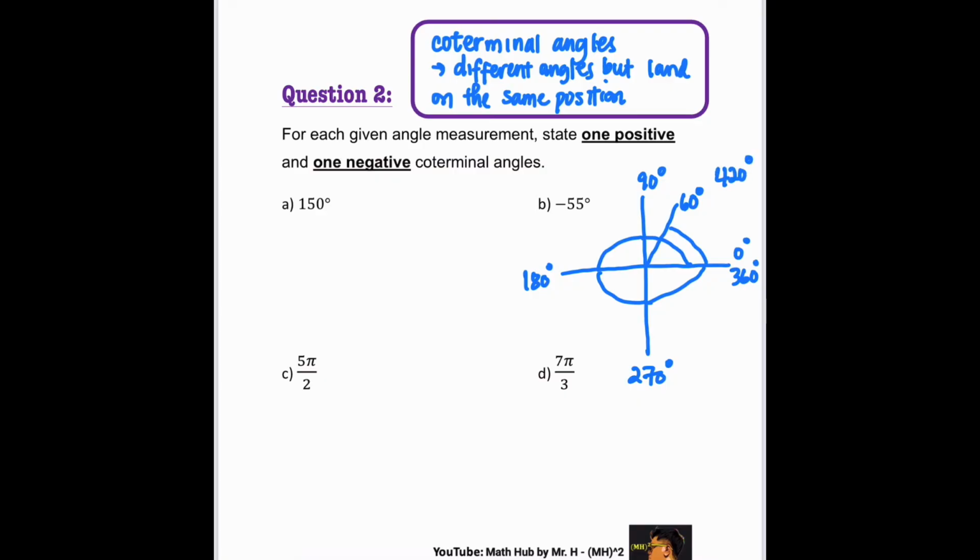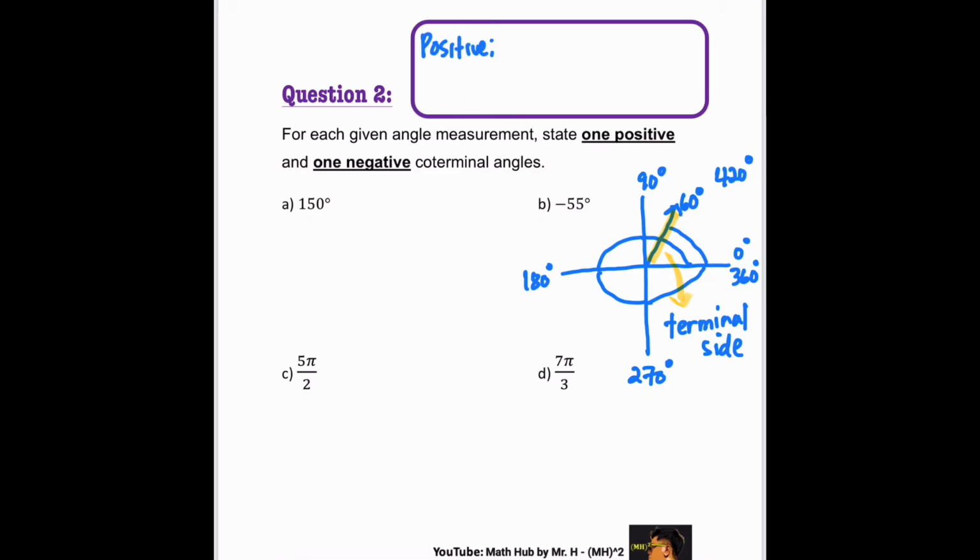That means that 60 degrees and 420 degrees are coterminal angles. And by observation, you see they land on the same position, so they share the same terminal side. We call this the terminal side. So how do we find one positive and one negative coterminal angle?